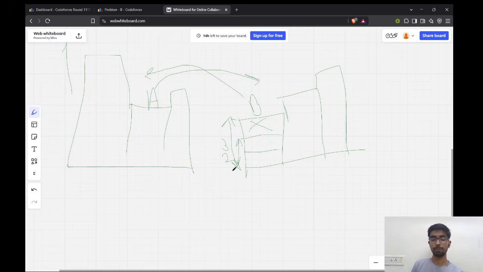And one more thing: when the height of the mountain on which one player is standing, on which the stone is thrown, is at, let's say, height 1 or 2, whatever, let's say it is at 2.